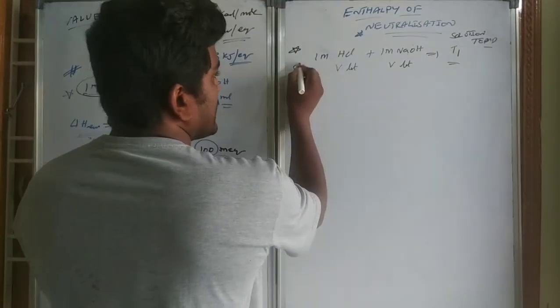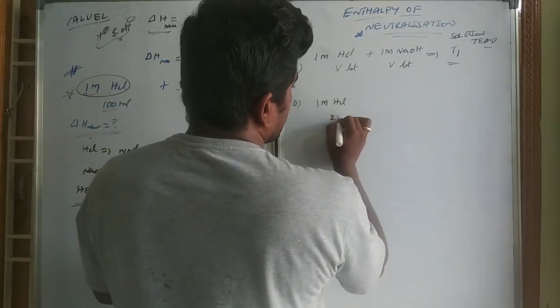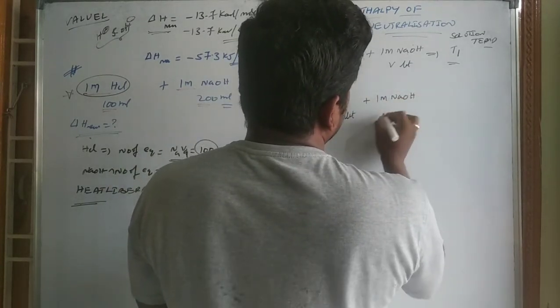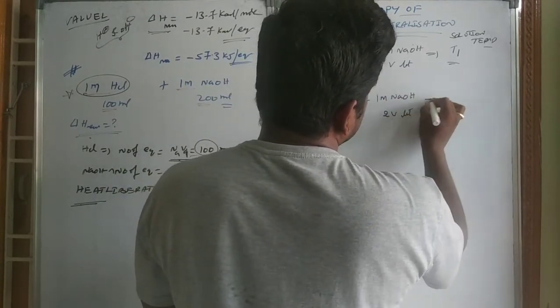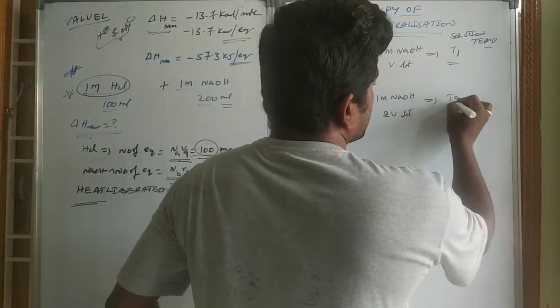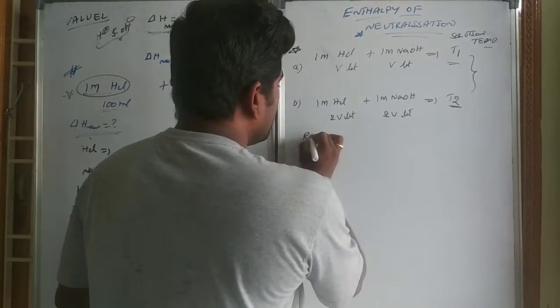In part B, 1 molar HCl of 2V liters and 1 molar NaOH of 2V liters are mixed with one another. The temperature of the solution was T2. What is the relation between T1 and T2?